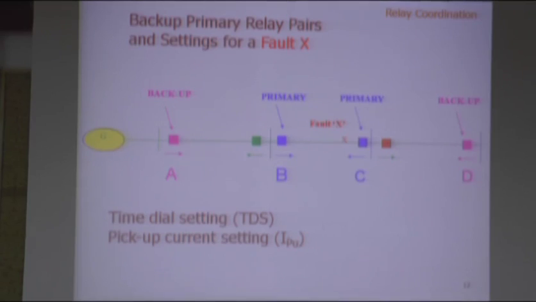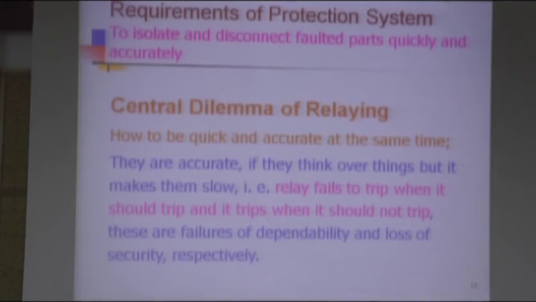So that in the event of a fault on a line, the line has to be isolated from either side. So both relays have to operate. If one relay operates, the fault point continues to be fed by fault current, and fault current will flow from the other end to that fault point. So the fault has to be isolated from both sides. This is the theme in the protection system.